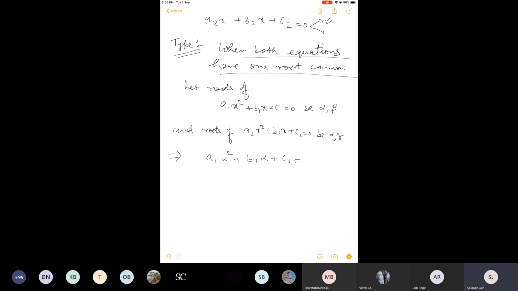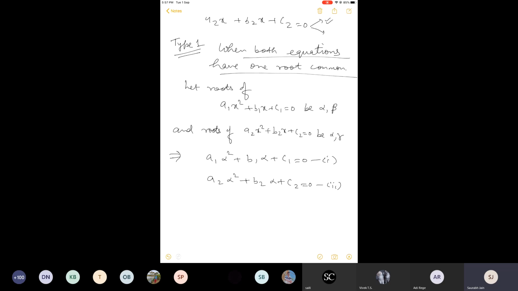Why? Because alpha is the common root of both the equations. That means alpha is the root of the first equation, alpha is the root of the second equation. And what is the use of the root? Root always satisfies its equation. That means I will put alpha in place of x in both the equations and it will satisfy, because this is what the definition of root is.